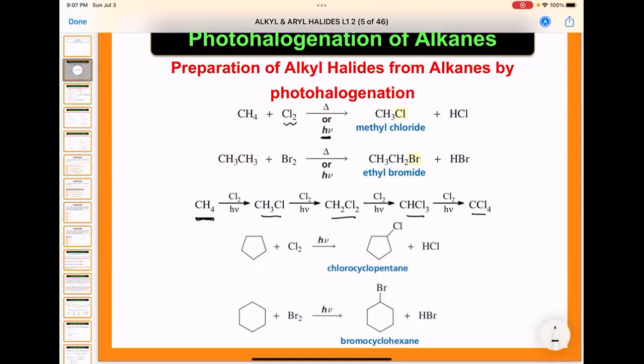What is the common name for carbon tetrachloride?